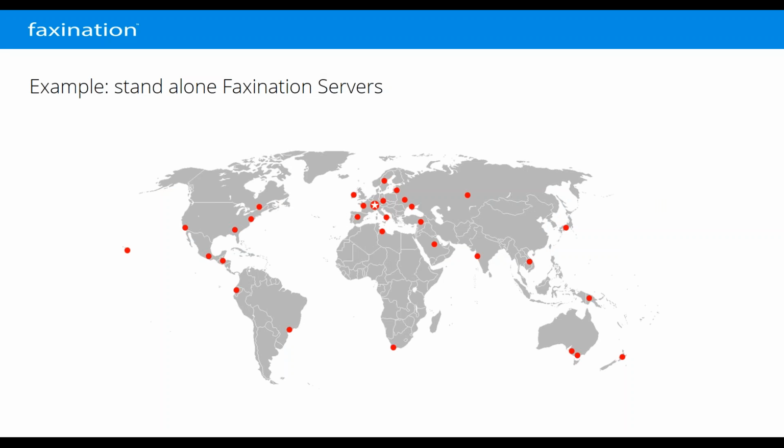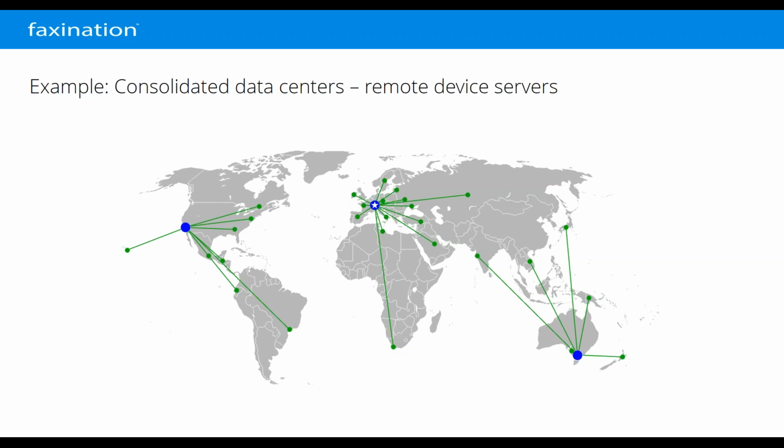Yeah, we have some images to kind of explain that a little bit. So this is the situation of a customer that had all the distributed locations with local servers, and basically they brought it down to 3 locations, and then the green dots here on the image are where they have the distributed fax. So your big blue devices are your kernel servers, and then your greens are remote devices in each region or area, and they're still allowed to have their local fax numbers.